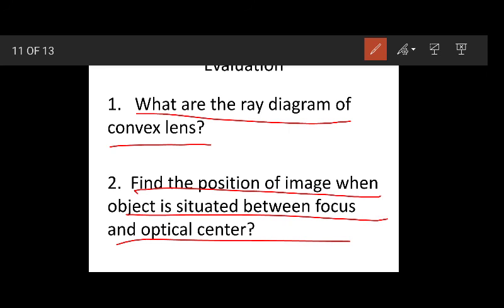I have stated this just before, in just 2 or 3 minutes. So that is the image formation of a convex lens, but I have not discussed how the image is formed in a concave lens. I will discuss it later.